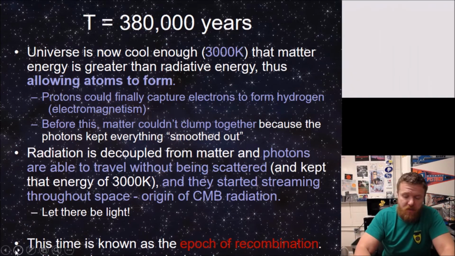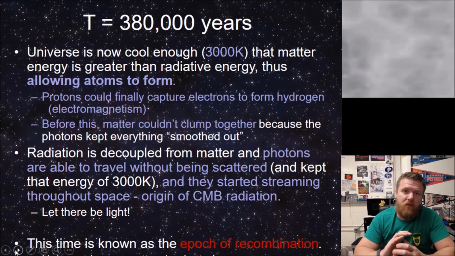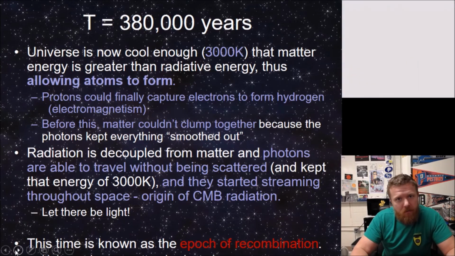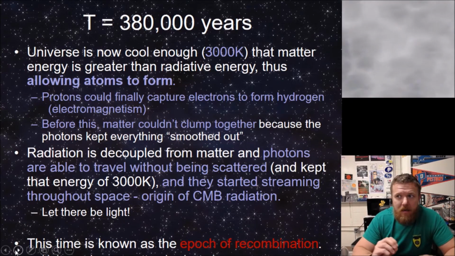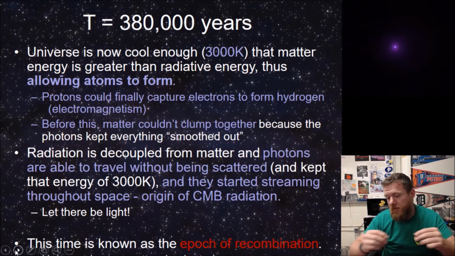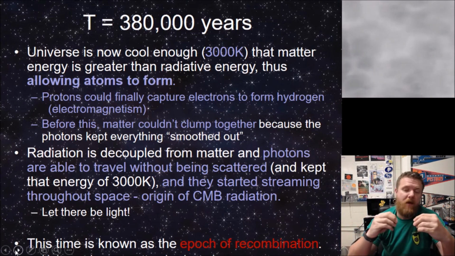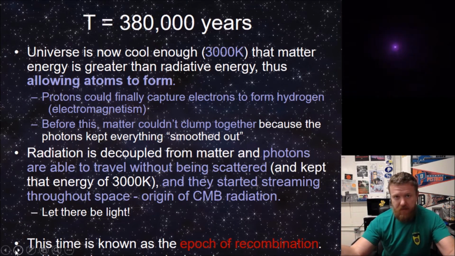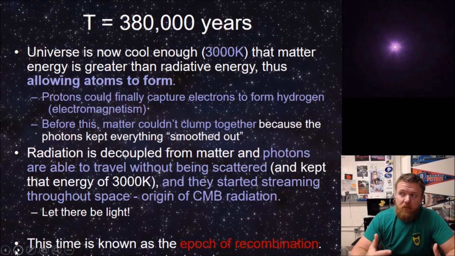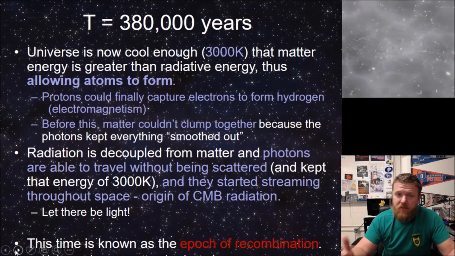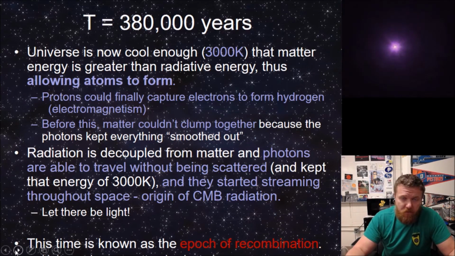Because the electrons are now stuck to these nuclei, they're part of atoms, they're not absorbing light anymore. And now photons are able to travel throughout the universe, which means whichever direction that photon was traveling, it continued to travel with the energy of a photon that was released from an object at 3,000 degrees, the temperature of the universe at that time.